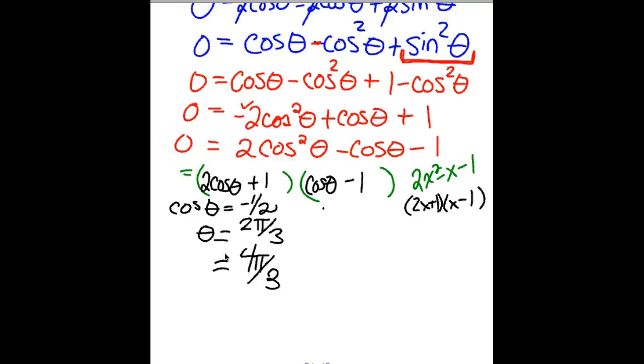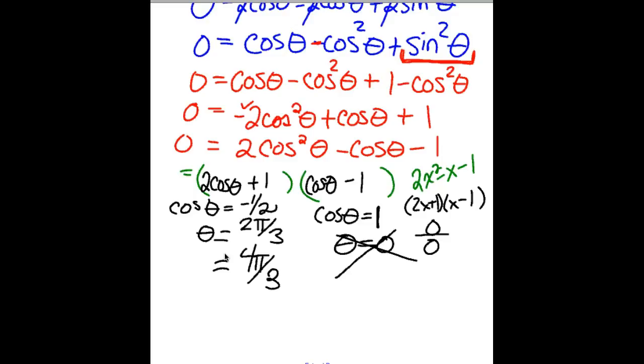Over here, I need to know where cosine theta is equal to 1, right? Oh, wait a minute. Yes, which would imply that theta is equal to 0. Yeah, and remember we had to chuck 0 out because it occurs in both, and this provides us with a cusp on the graph.